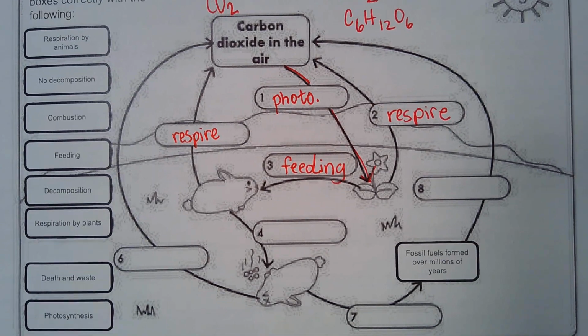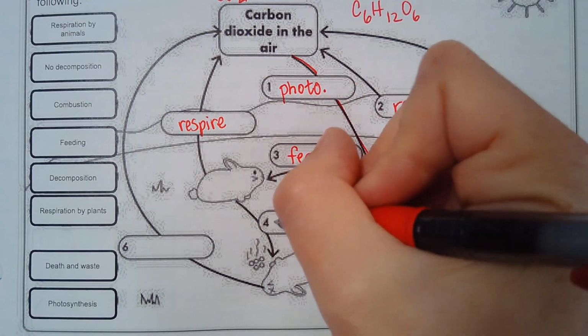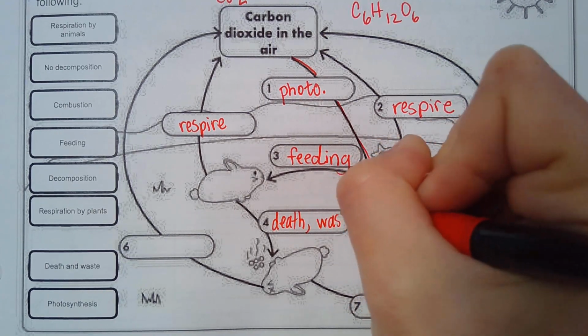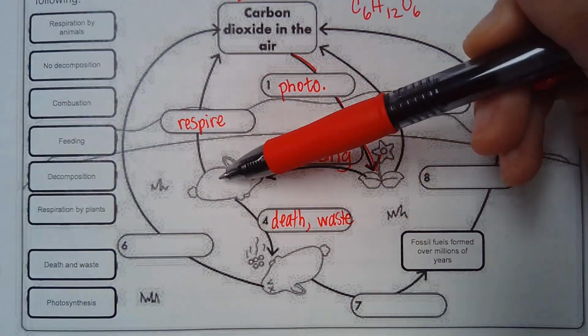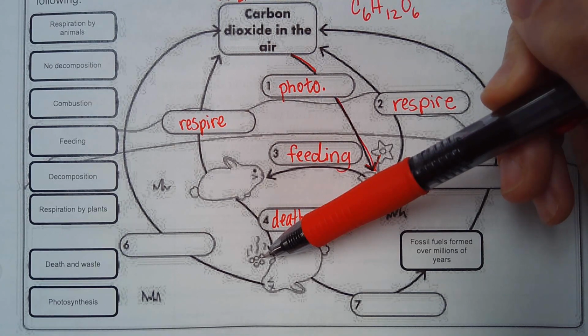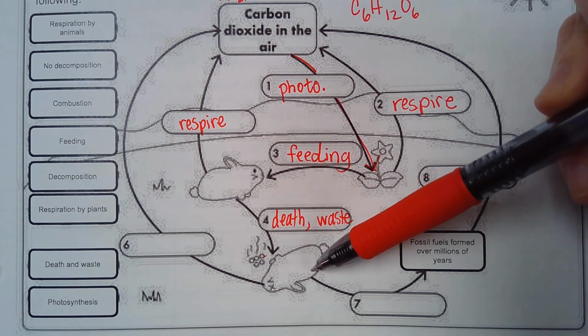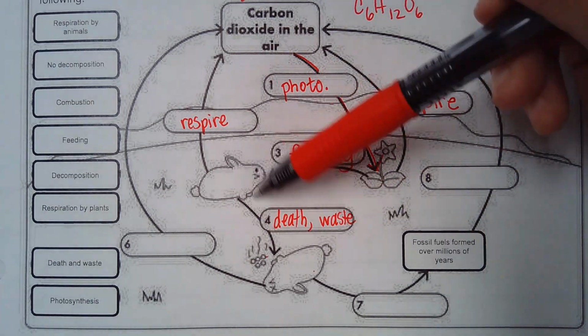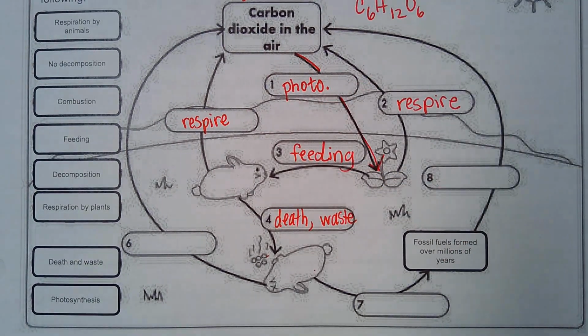But sometimes animals die, and so death and waste, that carbon is going to be in the poop. The carbon is still in this dead animal. Many of the molecules that make up living things have carbon in them.